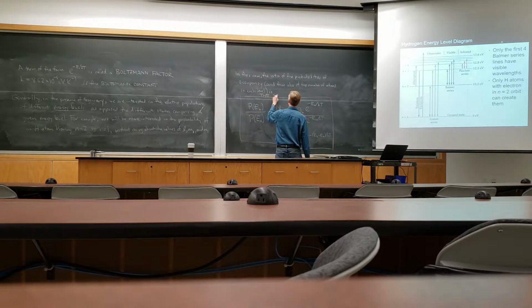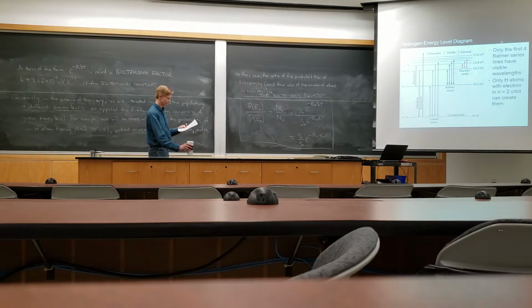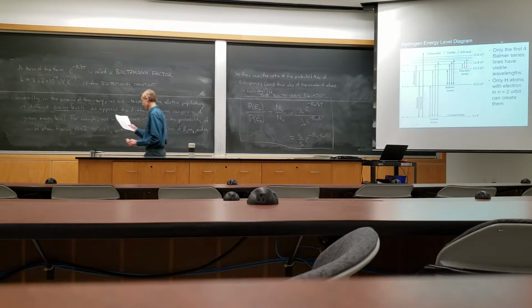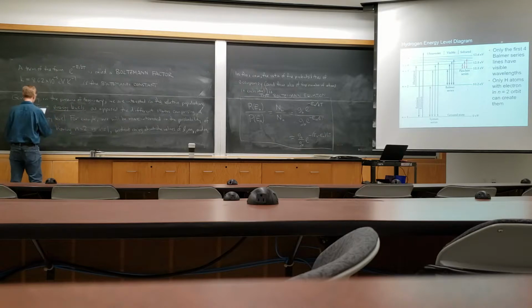I'm just writing it on top because I'm out of room. It's so important that it deserves a box. And as we mentioned, GB and GA are the degeneracies of levels EB and EA.